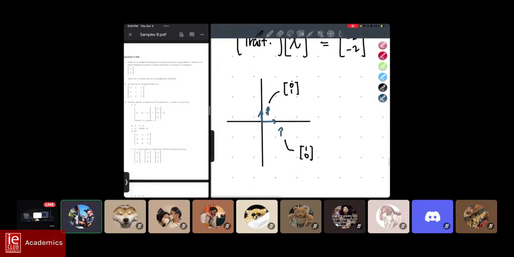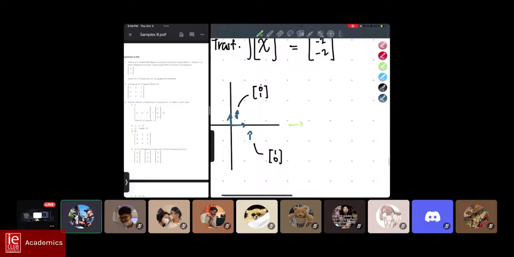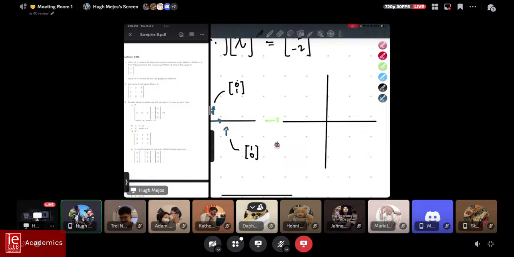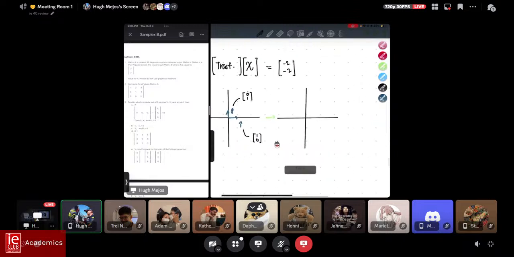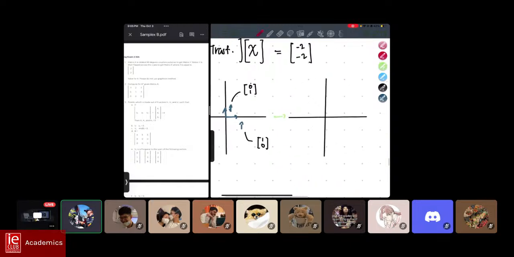Okay, so we rotate it by 90 degrees. It isn't perfectly perpendicular, but the new values, the new look, is this.